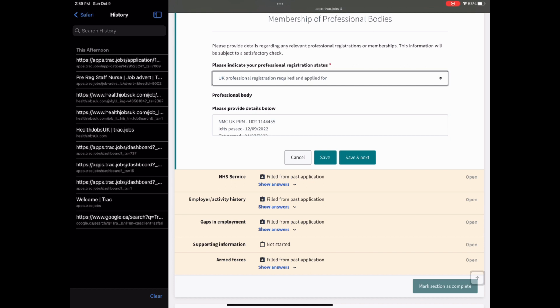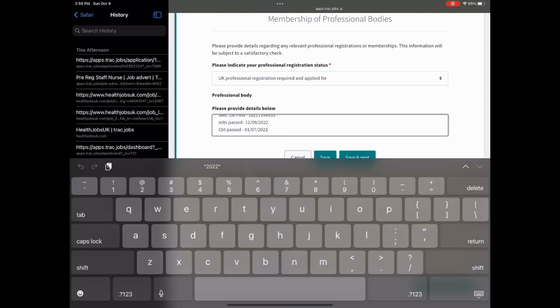And then under this part that talks about more details, put those details, your PRN number, your IELTS past date, your CBT past date. And if you even want, you could add the date you received your decision letter. You understand? You could include it. Although this information should also be included in the first paragraph or the last paragraph of your supporting statement.